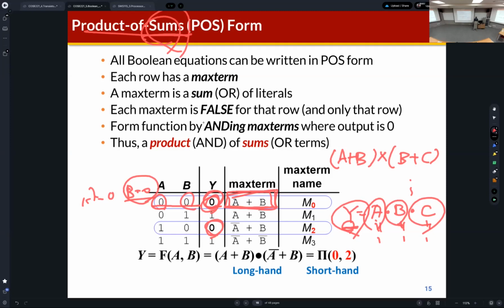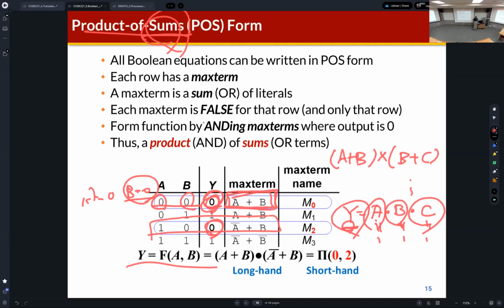So we can find the two rows that can make y 0. So like a plus b, and a bar plus b. And then we can just multiply these two terms. Then this is the POS form of this truth table.